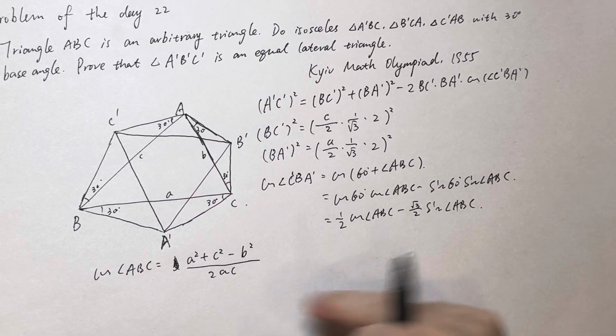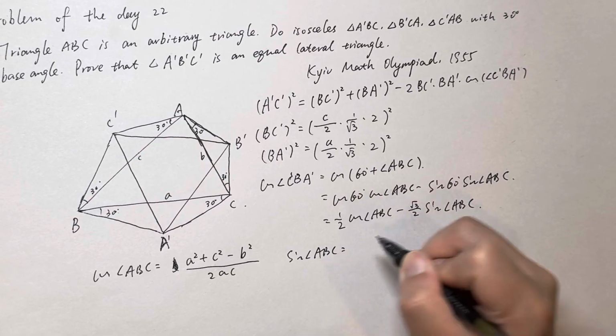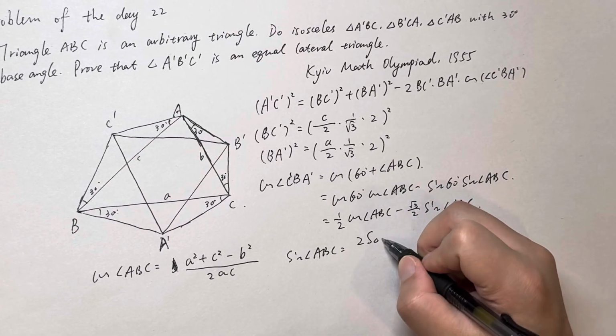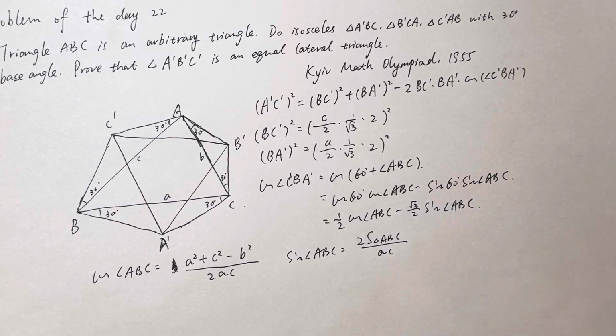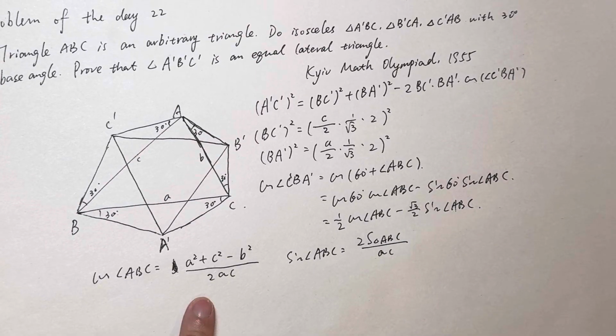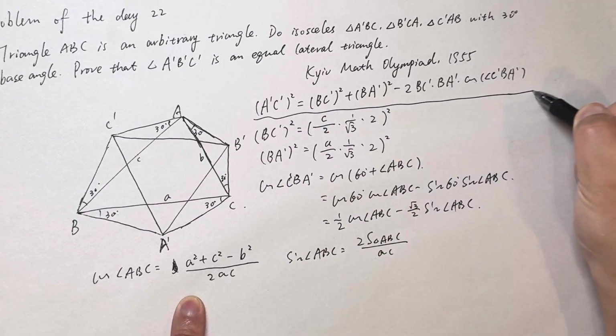That's the cosine law. And sine angle ABC can be rewritten as twice the area of triangle ABC divided by ac. Okay, let's put all of these back into the equation we have here.